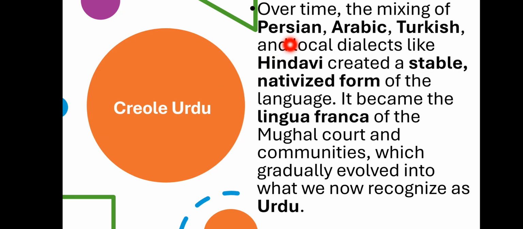Creole Urdu. Over time, the mixing of Persian, Arabic, Turkish, and local dialects like Hindavi created a nativized form of language, and it became the lingua franca of the Mughal court and communities, which gradually evolved into what we now recognize as Urdu.